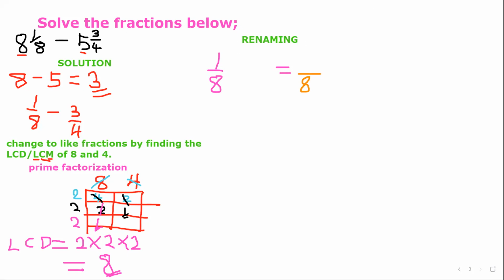Good. Then you take the other fraction, which is 3 over 4. Then you leave a space. The new denominator must be 8.